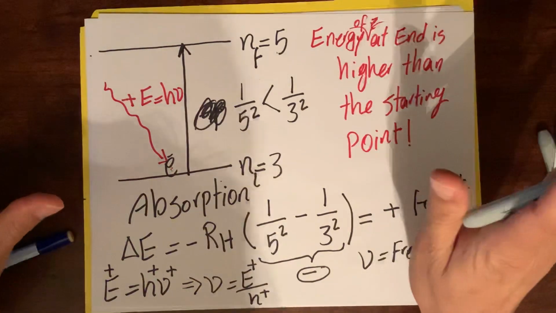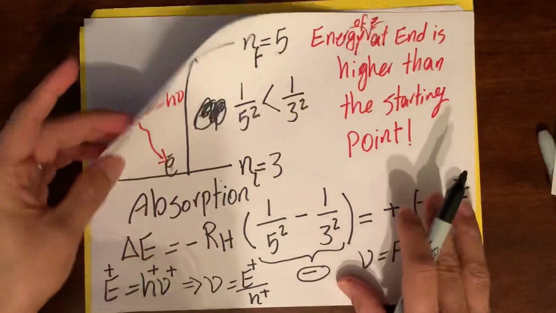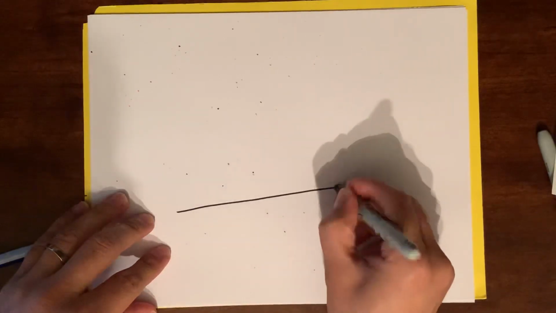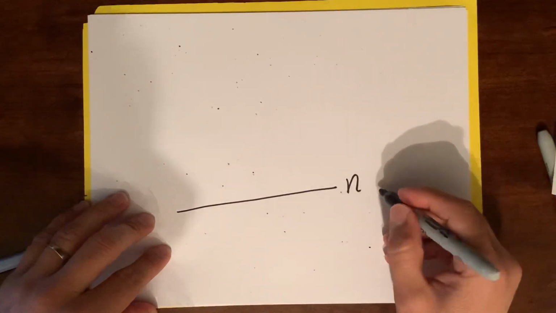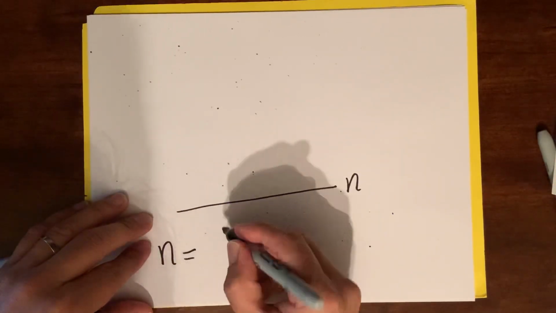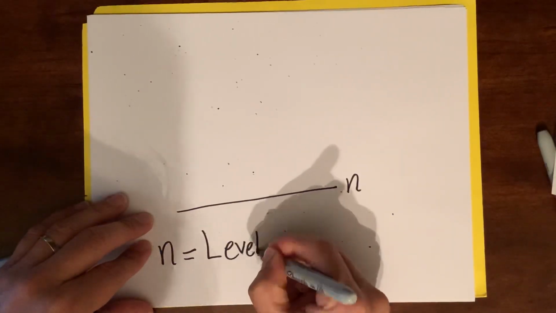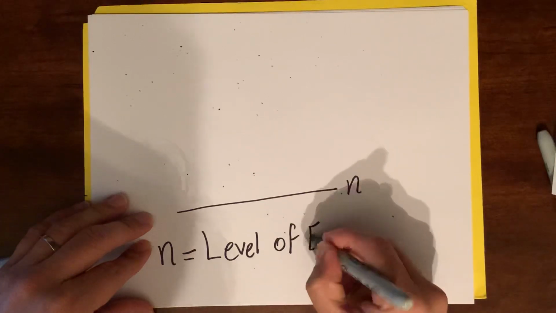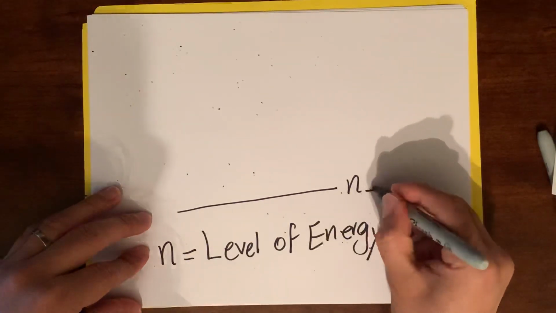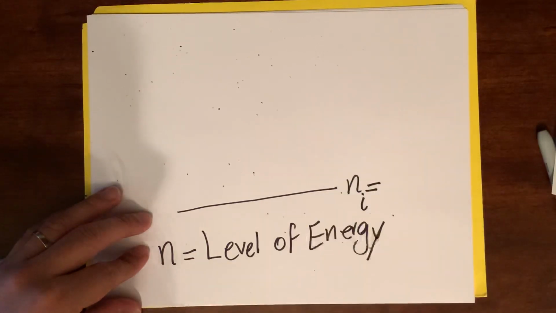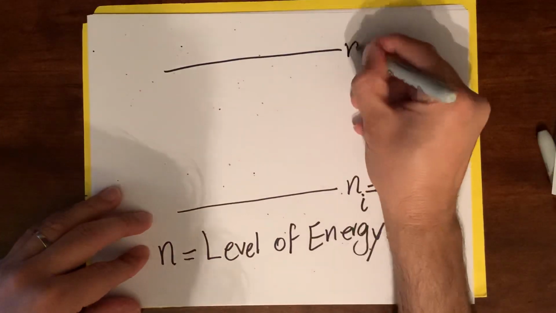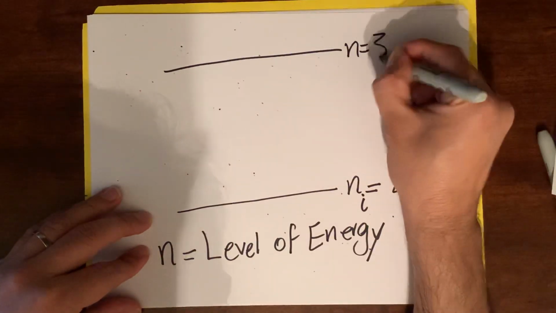So for now, anytime you start with a lower level of energy, or lower n, this is going to be the initial point. Let's say we start with n equal to 2 and we send it to n equal to 3.